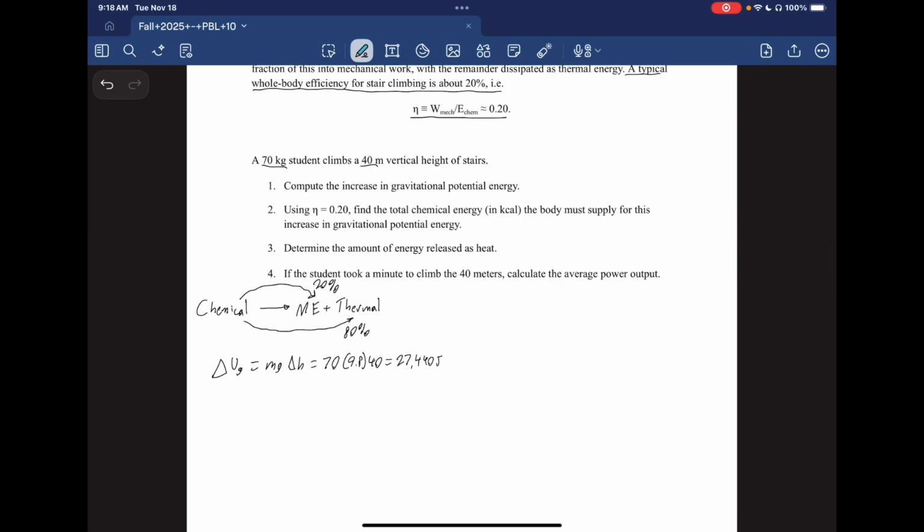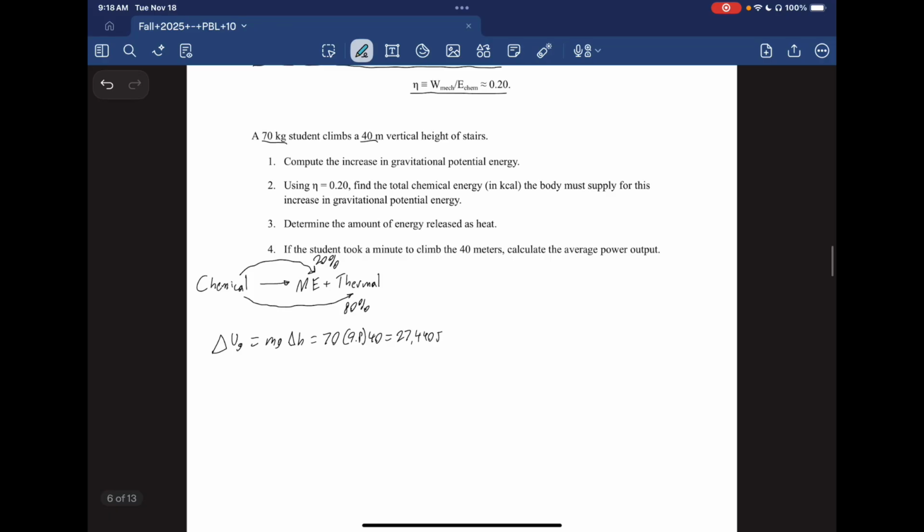Question 2 says using eta is 0.20, find the total chemical energy the body must supply for this increase in gravitational potential energy. So we know that eta is the mechanical energy divided by the provided chemical energy.